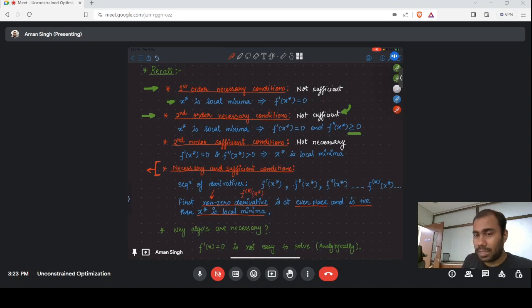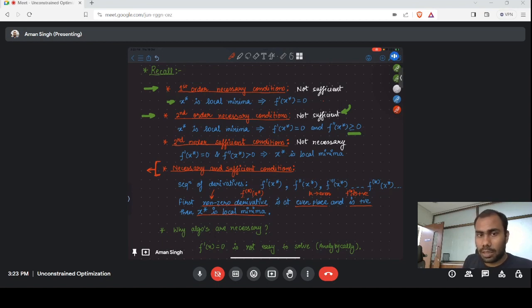Before this, that is from 1 to k minus 1, all the derivatives are 0. Then if k is even and f^(k) at x star is positive, then x star is a local minimum, and this is a necessary and sufficient condition.